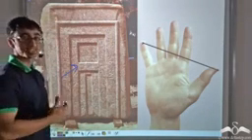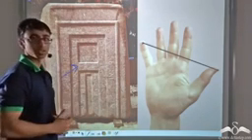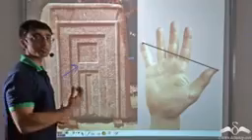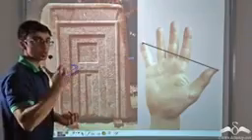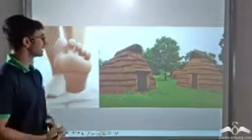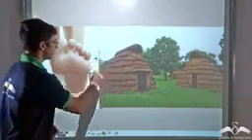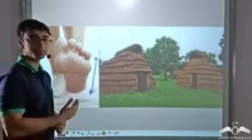Now what if the distance to be measured was greater? In this case, it is just one block. But what if the distance to be measured was in between two houses? So in that case, one handspan would be insufficient. In that case, people used the length of a foot and they measured the distance in between feet.